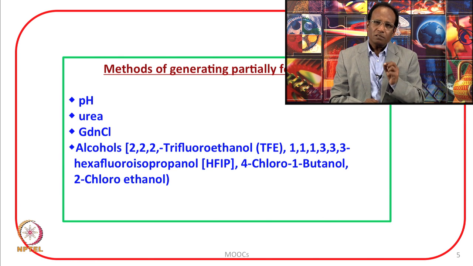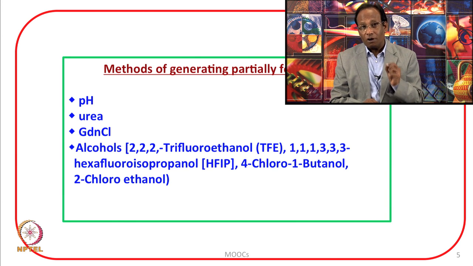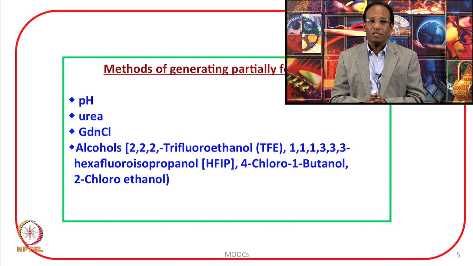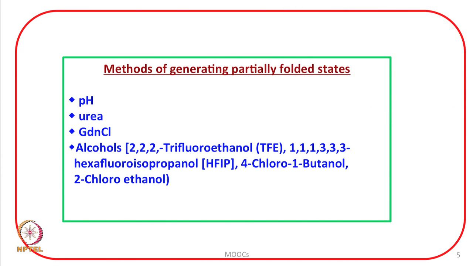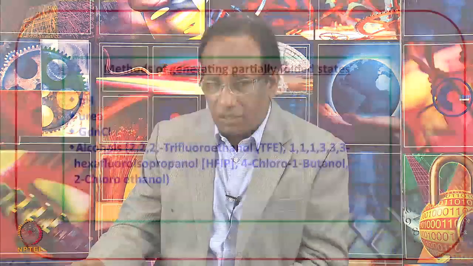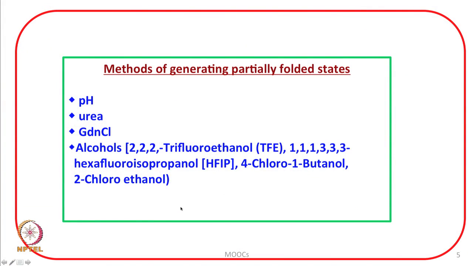And this is the conformation in which the tertiary structure is poorly defined or lost, but secondary structure is intact, and is termed as molten globule state. And let us again go back to the slide. The other alcohols which have been used to generate the molten globule like structure are 4-chlorobutanol and 2-chloroethanol.